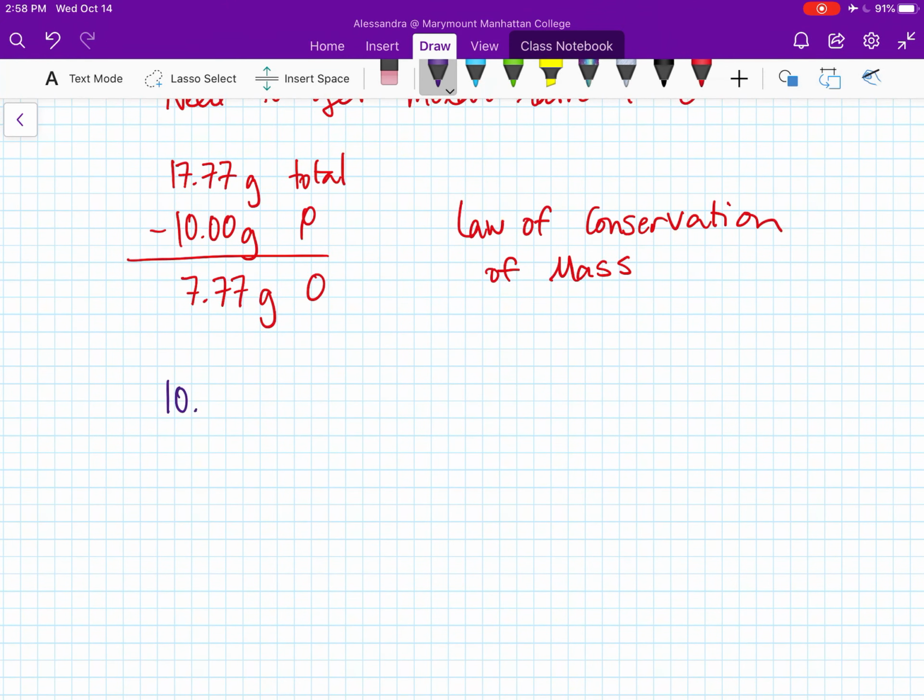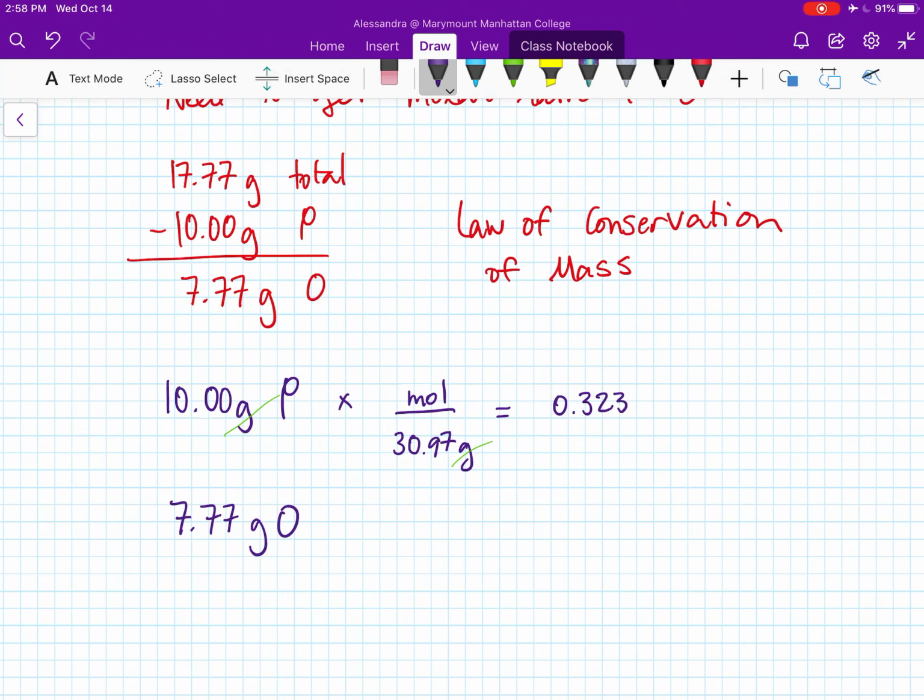So now at least I have the masses of each element. So I can take those masses and turn them into moles using the atomic masses from the periodic table. So I have 10 grams of phosphorus and 7.77 grams of oxygen. The periodic table gives me the atomic mass of phosphorus as 30.97 grams per mole. So if I do that, I can cancel out the grams and I can figure out the number of moles of phosphorus that mass represents.